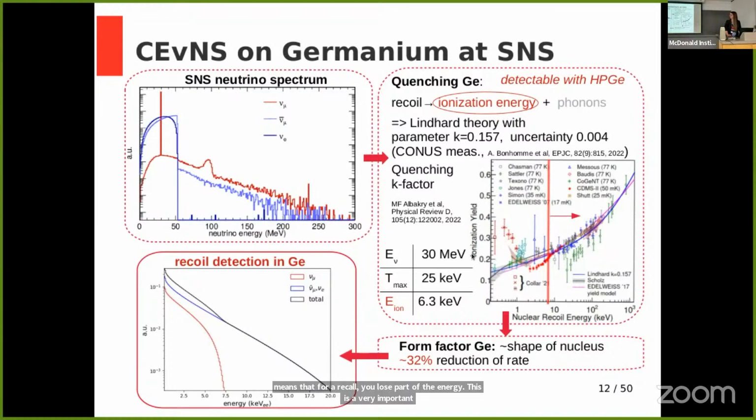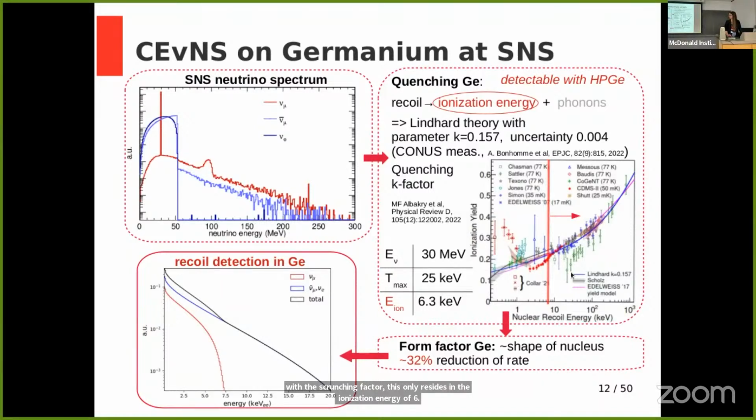Now, to give an idea, for a 30 mega electron volt neutrino, we expect a maximum recoil of 25 keV, and with this quenching factor, this only results in an ionization energy of 6.3 keV, following the Lindhard theory.